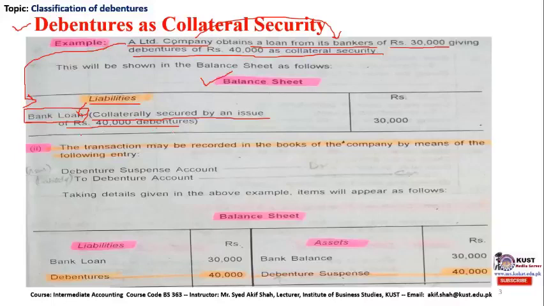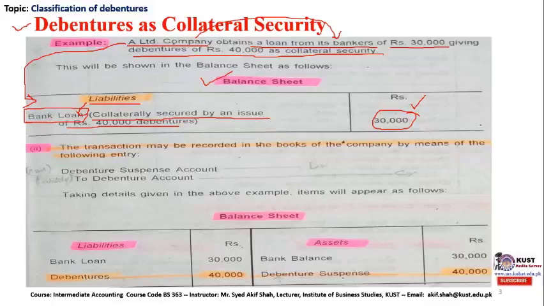If the company defaults or fails to pay the loan amount, which is rupees 30,000, the bank will confiscate these 40,000 rupees of debentures and recover its loan amount of 30,000, and any balance in excess of 30,000 shall be returned to the company.